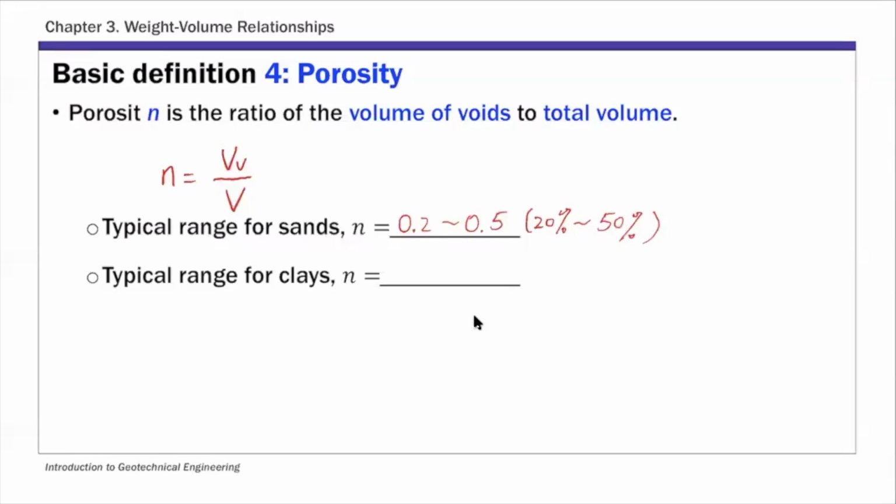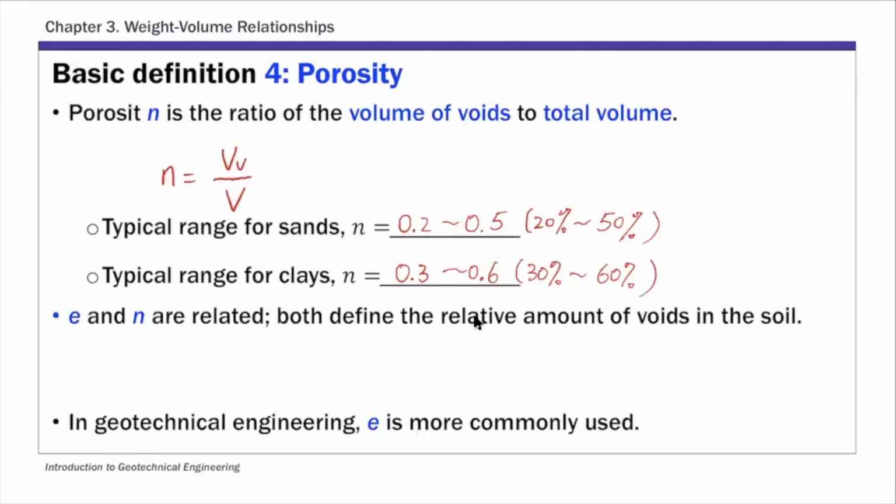For clays, this value is 0.3 to 0.6, or 30 to 60%. So that's the porosity definition.